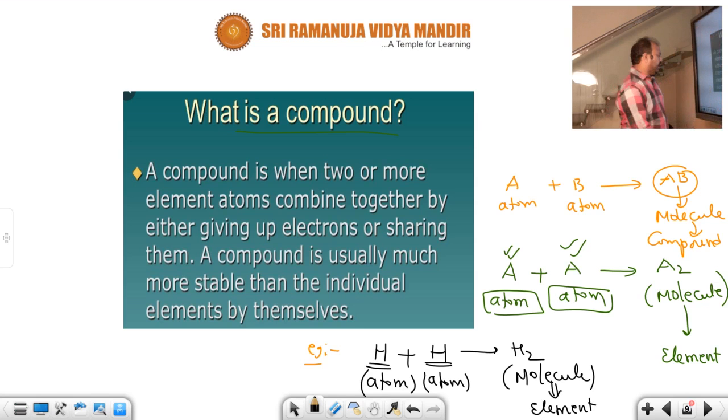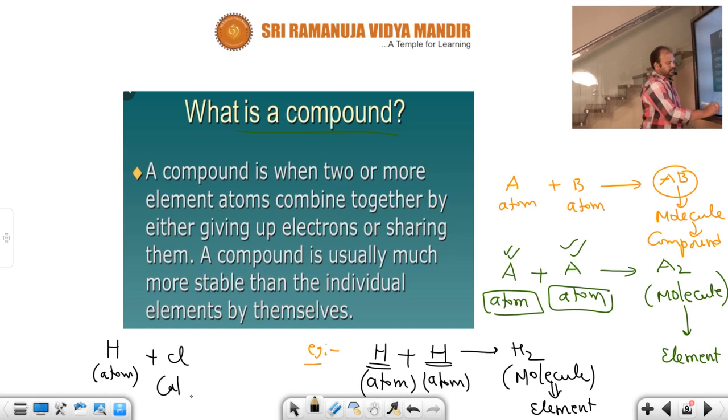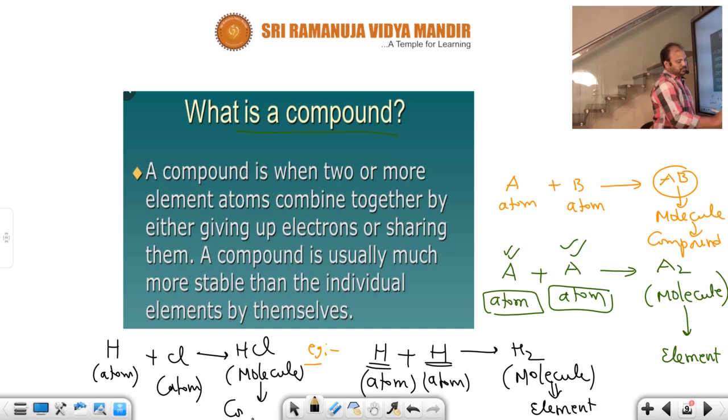As well as if you take two different atoms, one is a hydrogen atom, another one is a chlorine atom. Both are different atoms or not? Hydrogen properties are entirely different from the properties of chlorine. When you take different atoms to make the molecule, HCl is the molecule. This molecule is now said to be a compound. Understood or not?